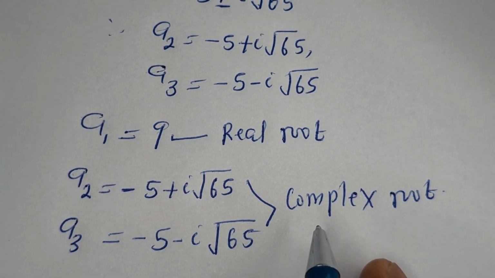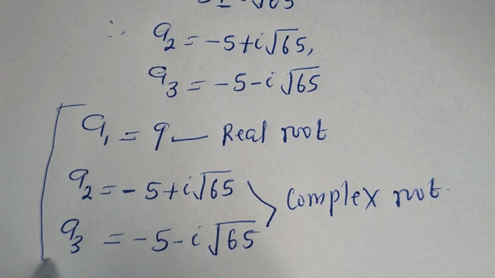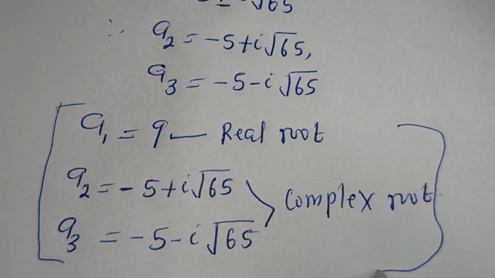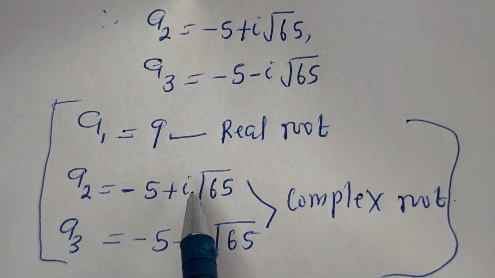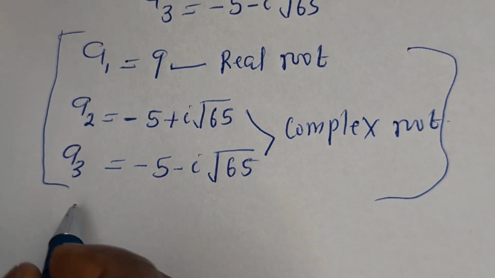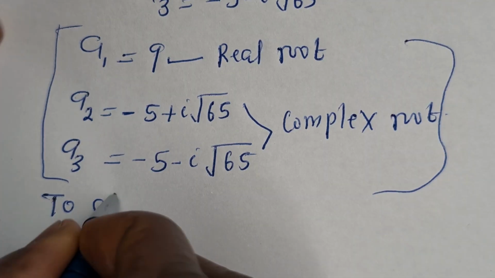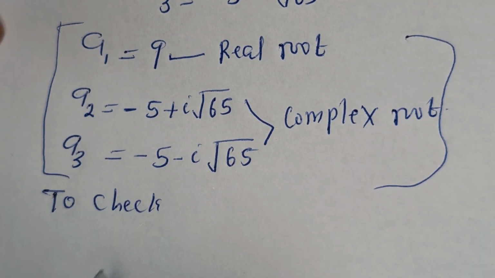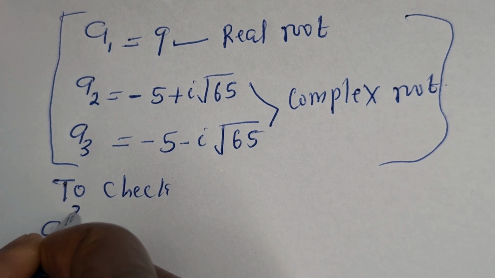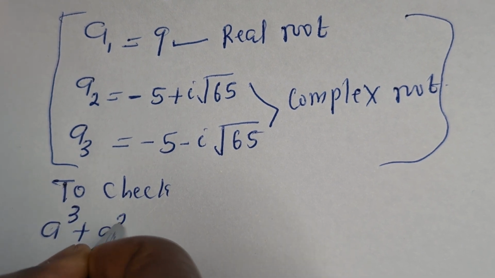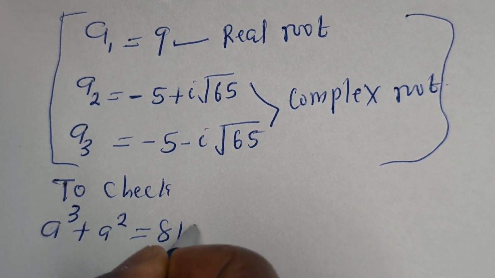We may check to confirm if this answer is right or wrong, but for us to check, we need to make use of this real root, which is 9. To check, we have the given equation: a raised to power 3 plus a square is equal to 810.